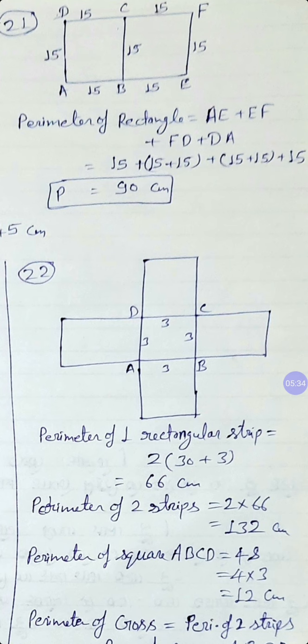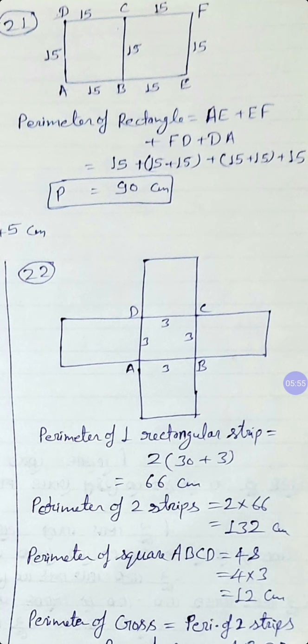Now the rectangle formed by these two squares will be AEFD. So perimeter of the rectangle will be AE plus EF plus FD plus DA, and we will write all the values.